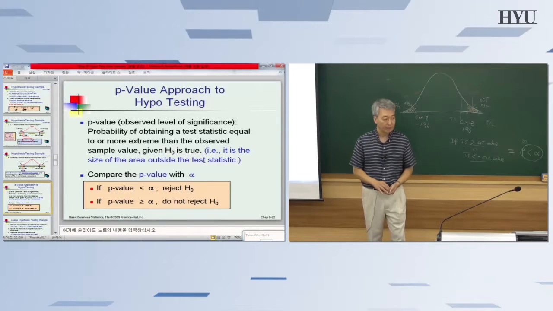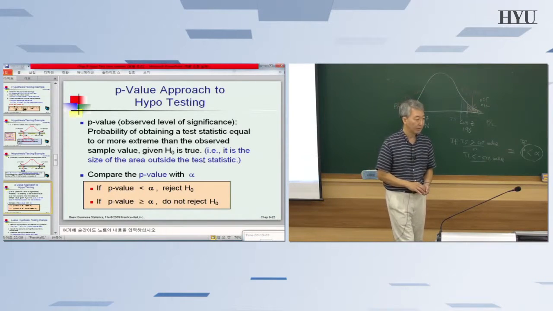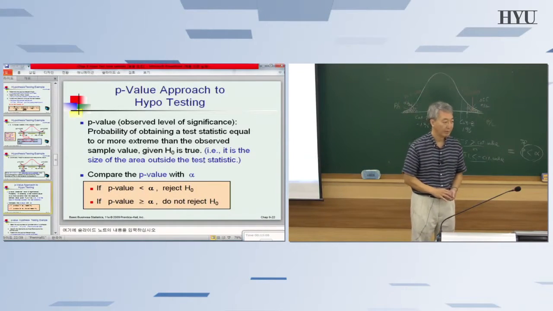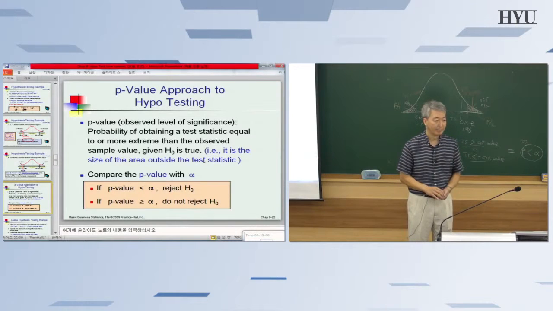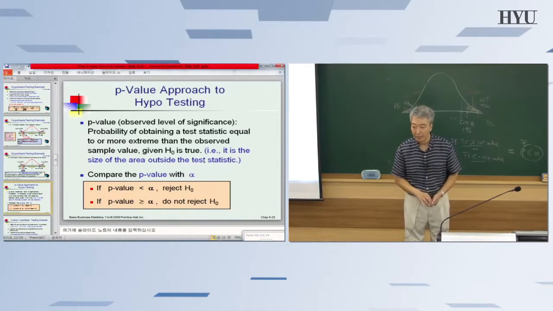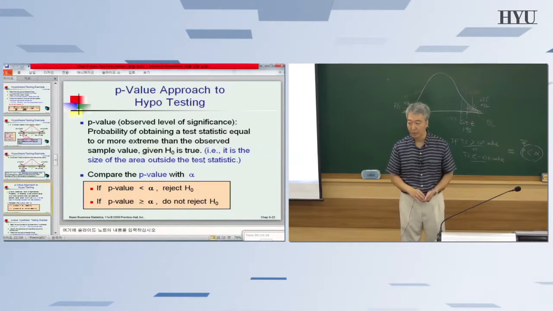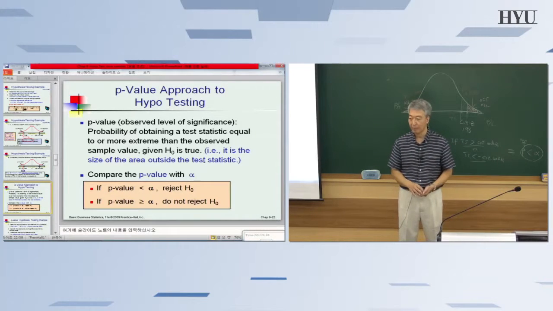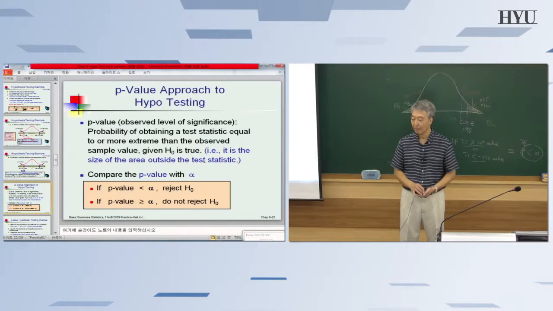Can't you just eliminate the probability of error completely? Is there any way you can eliminate the error completely? We don't have a way to eliminate the total probability of error because we can't use the entire population.